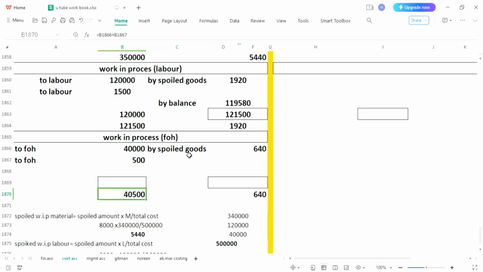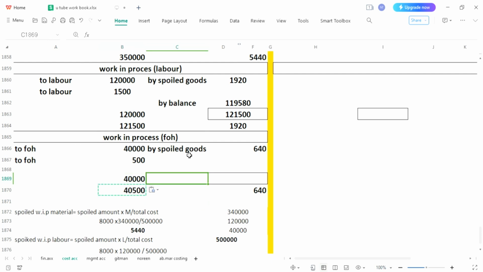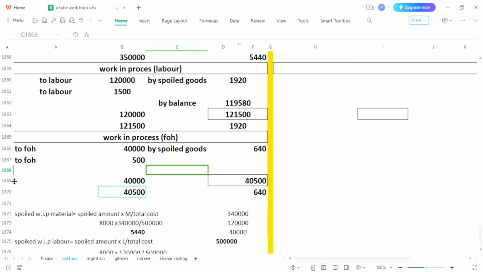Then you will take the larger sum, which was 40,500, and you will be putting the same sum on total of both sides. You will choose the smaller side, which is credit, and let me make little more space over here. At this stage you will be calculating your balance. How?